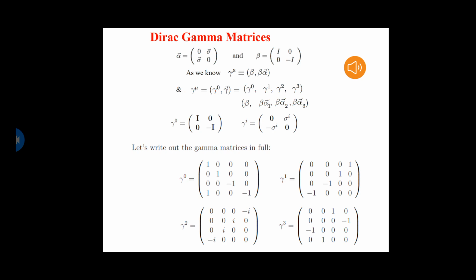This is called Dirac gamma matrix. You can write Dirac gamma matrix by using the following.